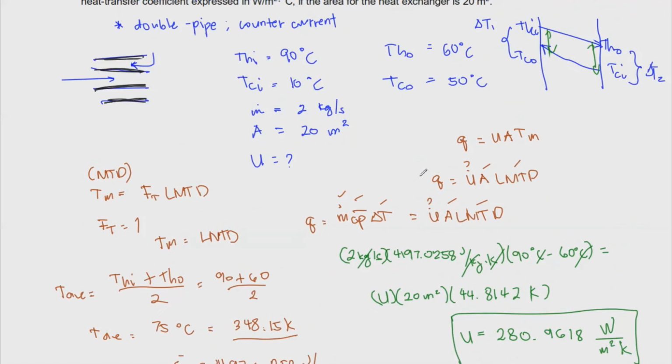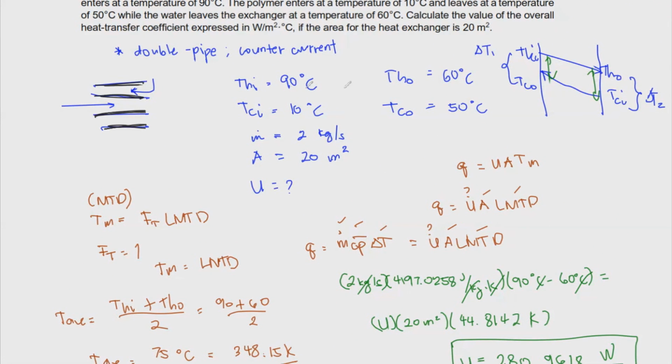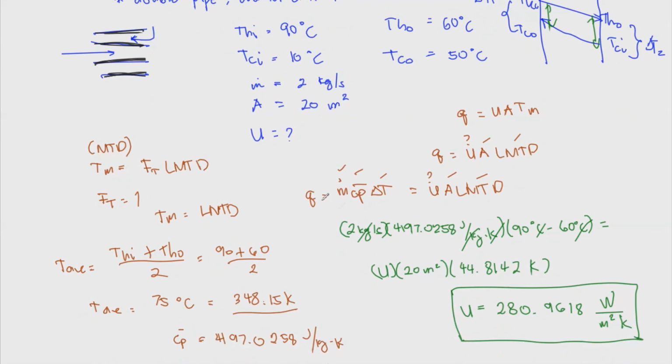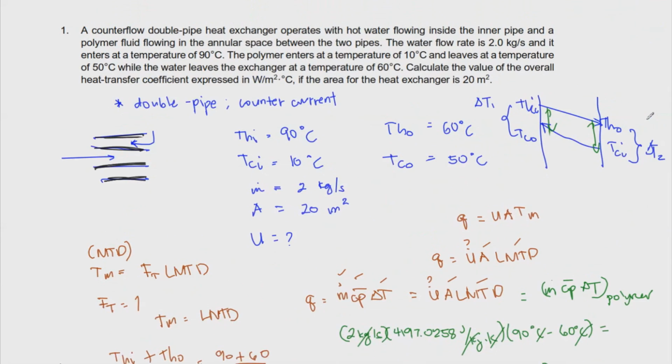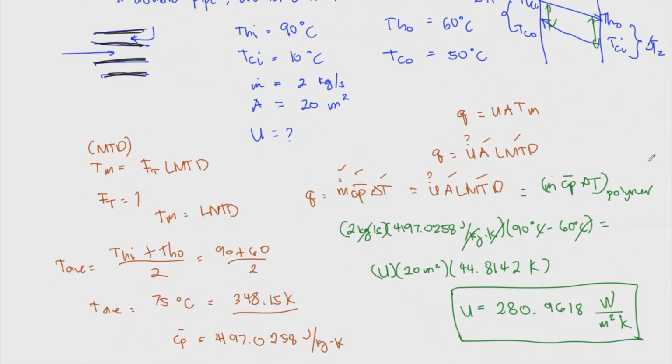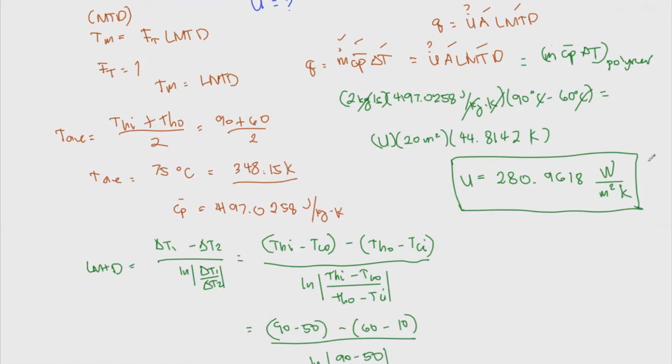So, you can do that by simply taking HI and then HO, yung difference nila, pero that's finding Q using the specific heat capacity or this sensible heat that we have. And by the way, nasabi ko naman din kanina before, this should be equal to mCp delta T rin of the polymer. So, para in that case, we don't break any rule sa ating science or physics or chemistry.